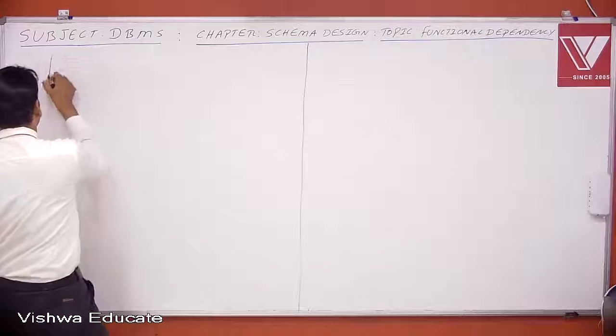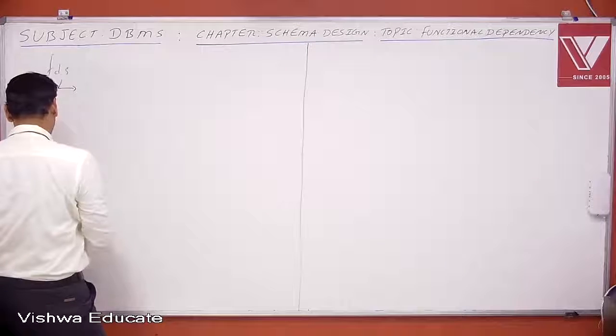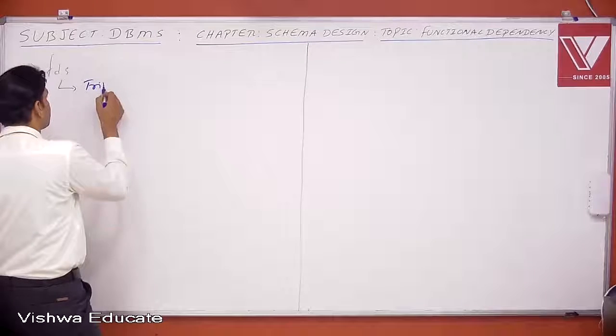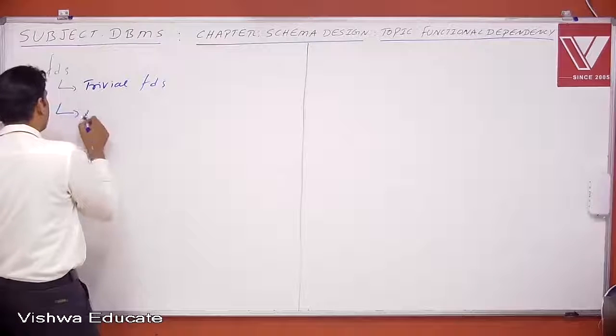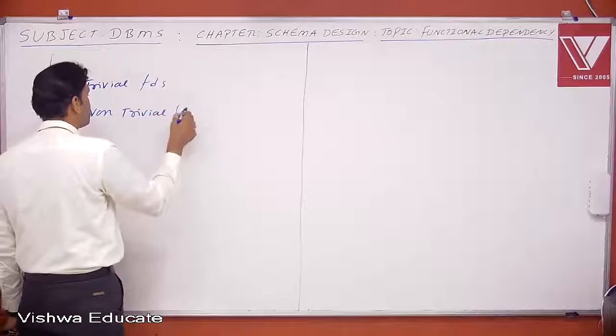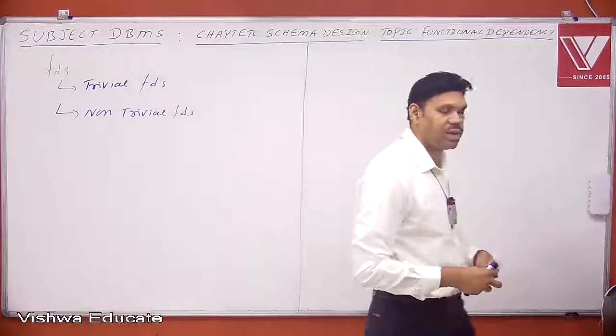Functional dependencies are categorized into two varieties: one is trivial FDs and the other one is non-trivial FDs. So what is a trivial FD?